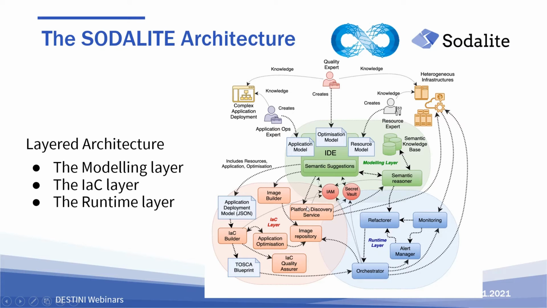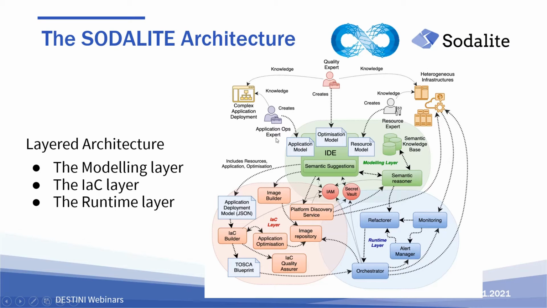Also, we have a way to automatically populate some of the knowledge about the resources using the platform discovery service. This service can monitor the infrastructure, extract the knowledge about the resources, and populate the knowledge base. With that information, domain experts can also define how to optimize the application component for different hardware.